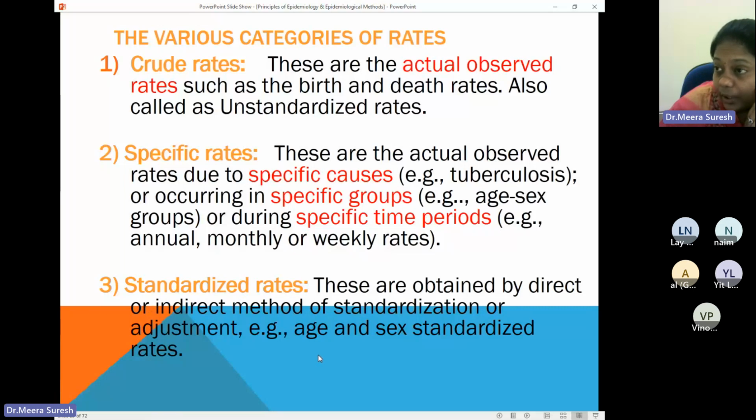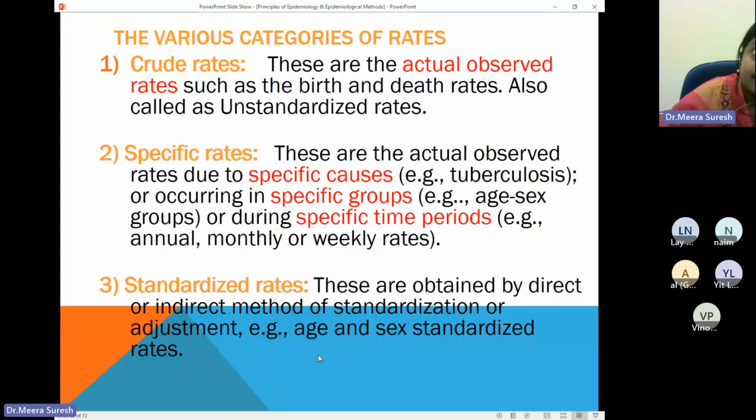It can be done for different age groups and different sex. Like in Malaysia, I told you the death rate among females, and in India, I give you the death rates for the same condition in males. Then also you can't compare.